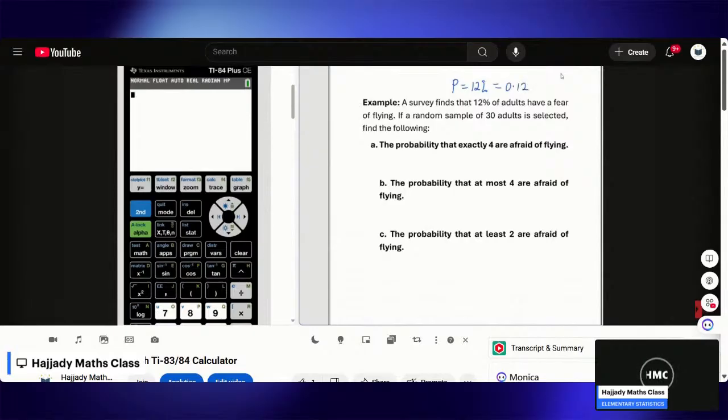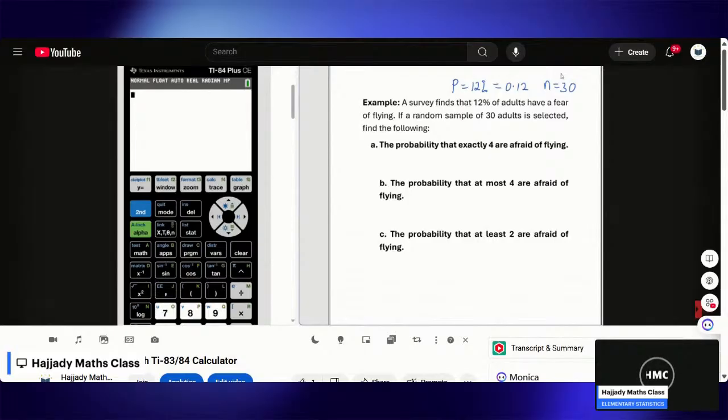If a random sample of 30 adults is selected, this shows that we have our sample size n to be 30. Find the following. So the first question is telling us to find the probability that exactly 4 are afraid of flying.